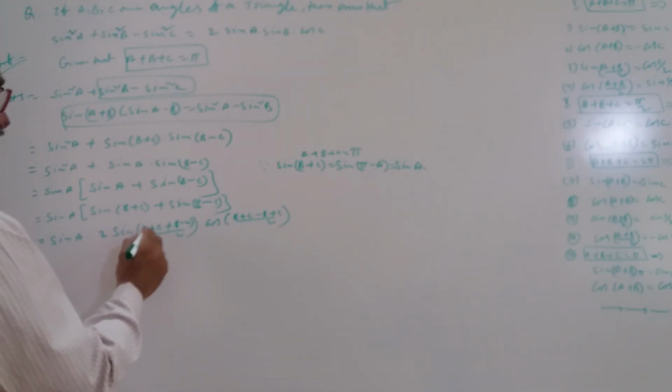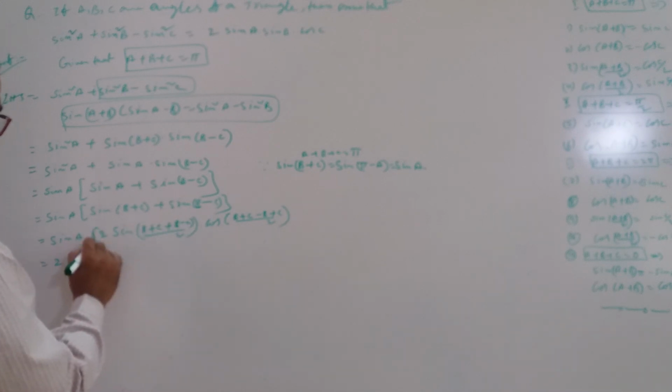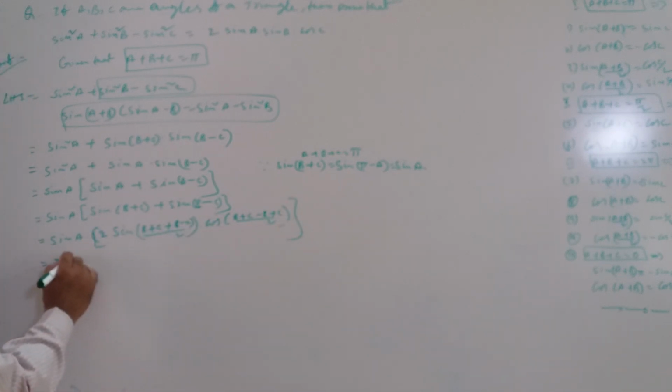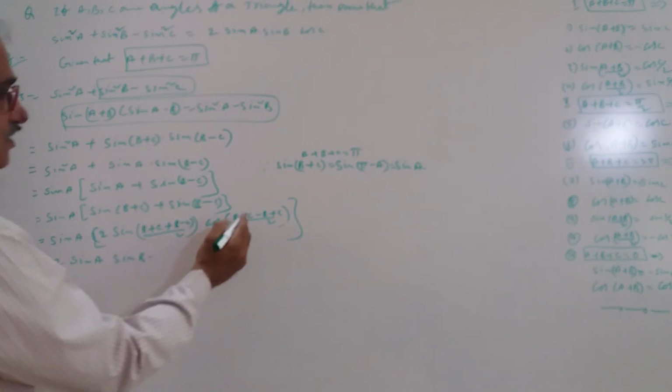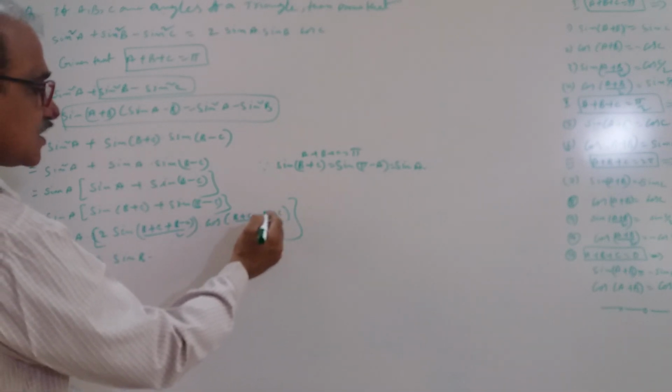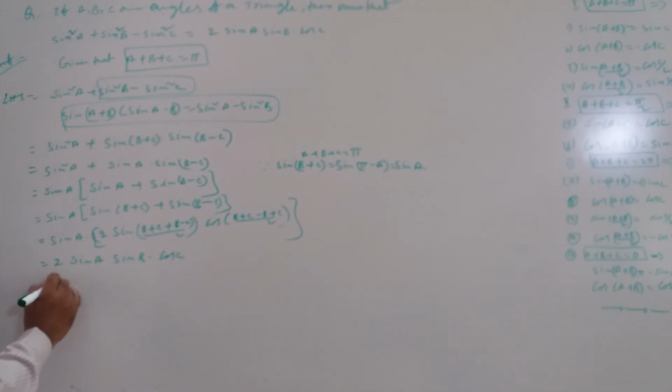C gets cancelled, the remaining B plus B, 2B by 2 is B, so 2 sin A sin B. Here B gets cancelled, C plus C, 2C by 2 is C, that is cos C, which we required to prove. That is RHS, hence proved.